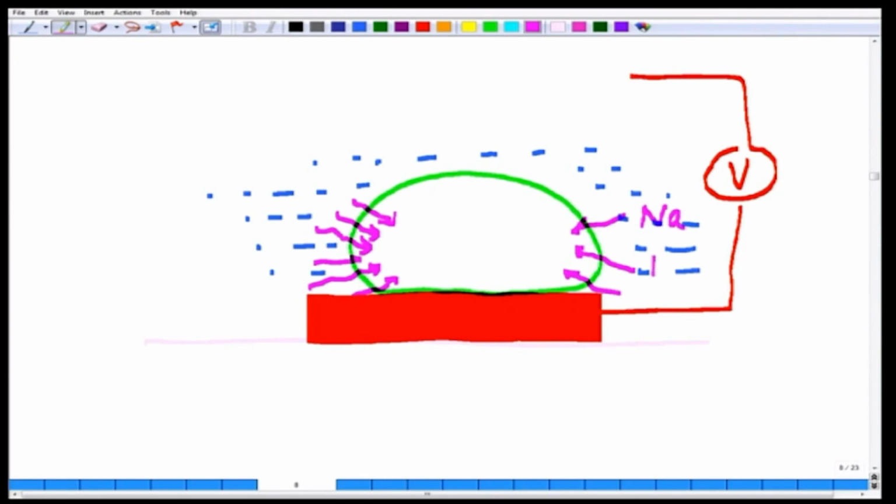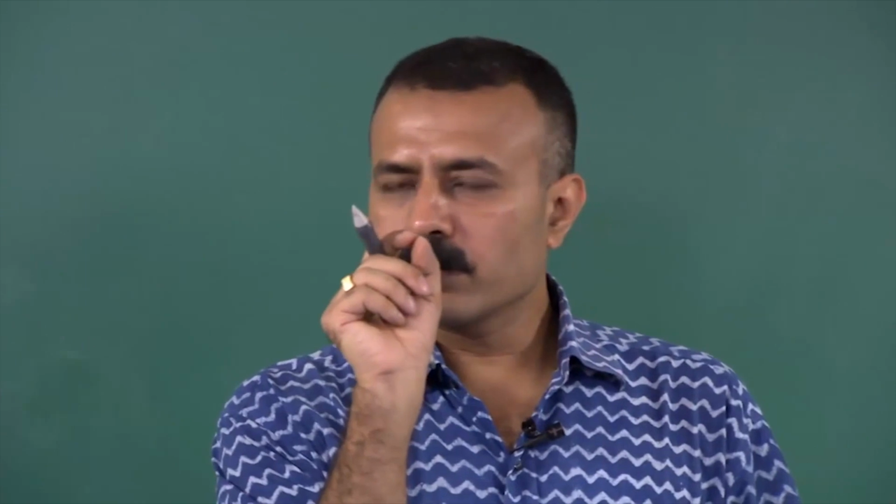So, sodium is moving in from outside. This sodium movement, for a very small fragment of time, will make the electrode sitting outside feel as if it is becoming negative, because from this surrounding.